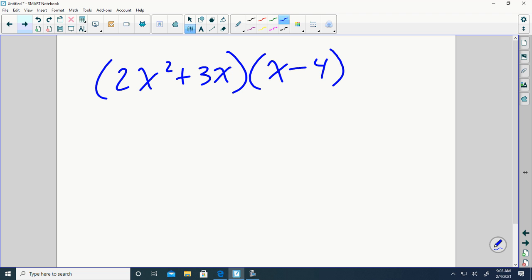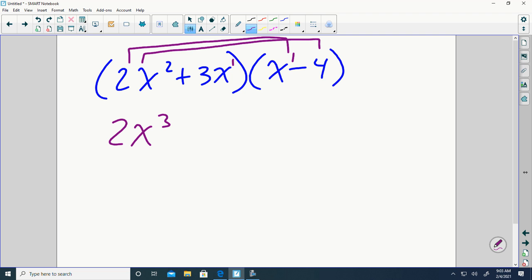This is another double distribute problem. Agreed? So when I have x sitting there right now, I'm just going to put it x to the first, x to the first. That way we know how to count them up. And I'm going to go 2x squared times x to the first. I think I get 2x to the third. Would you agree with that math? 2x to the second times negative 4 is 2 times negative 4?